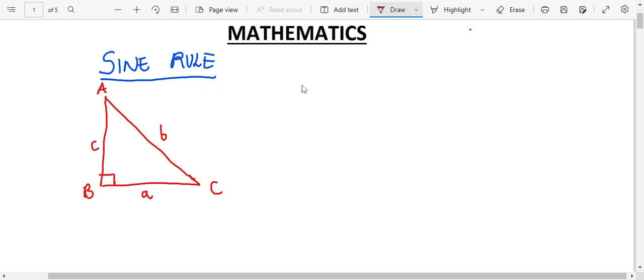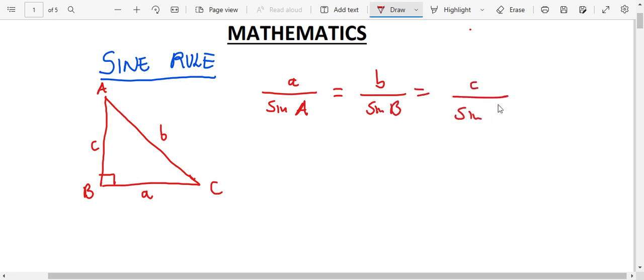So we are saying the sine rule, if you get a, it will be over sine A. Now the angle you can see, for where there is sine, I've used the capital letter A because we are meaning an angle. Okay, capital letters mean angle. So a over sine A is going to be equal to b over sine B, which is going to be equal to c over sine C. This is the sine rule.